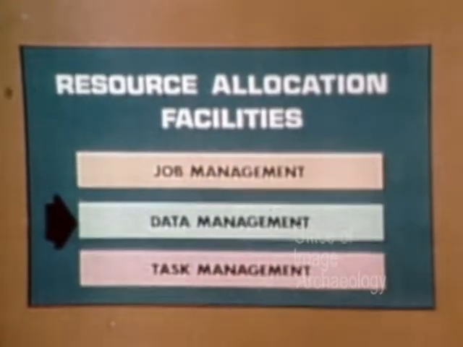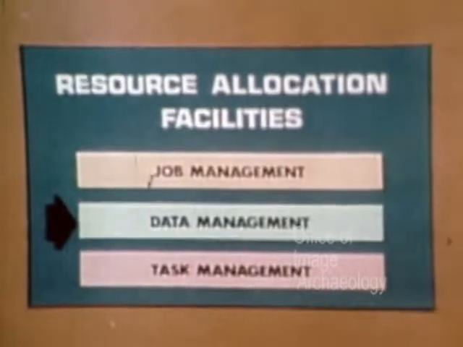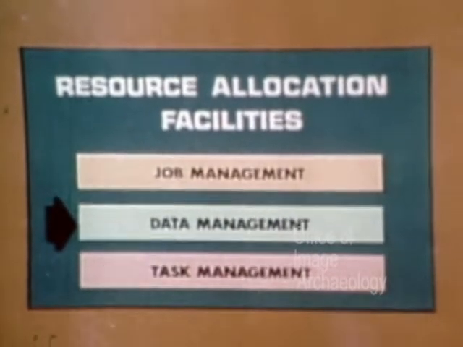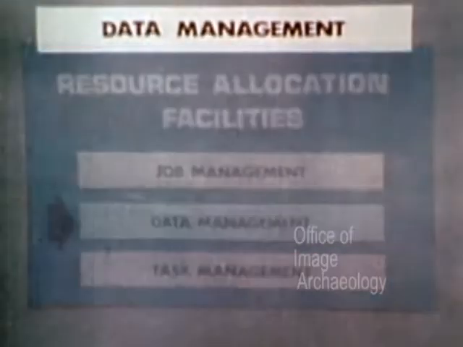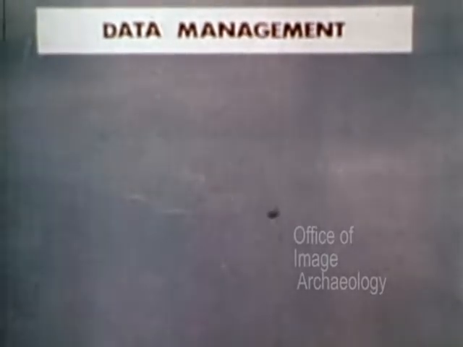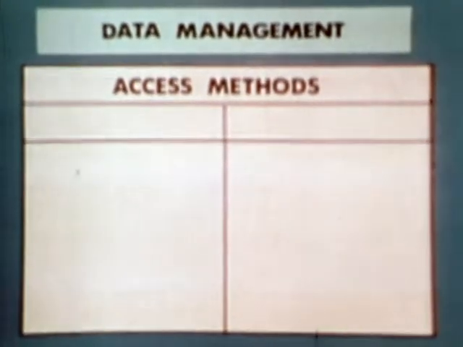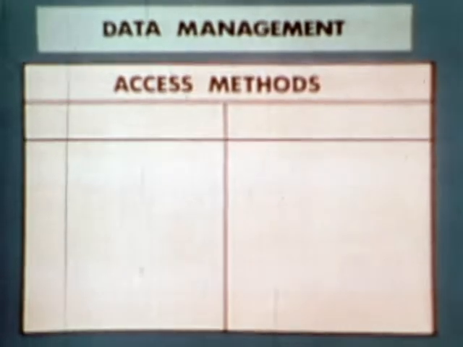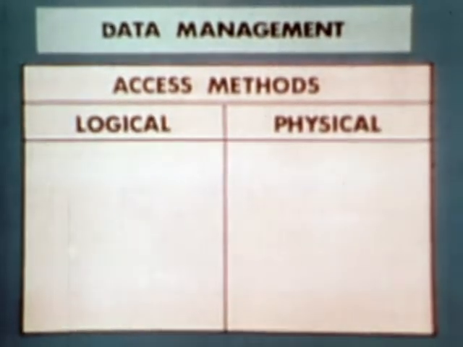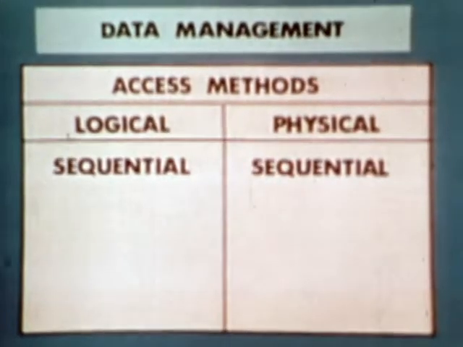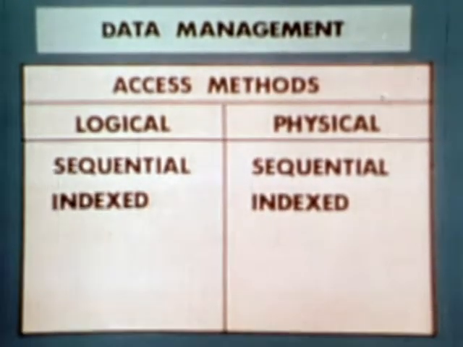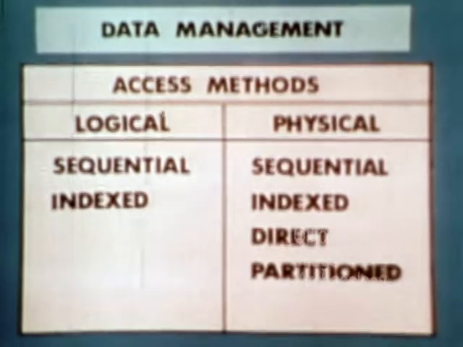Effective data management provides another example of how an operating system can improve resource allocation. Data management typically includes facilities often called access methods for retrieving or storing logical or physical blocks of data from several possible data organizations, such as sequential, indexed, direct, or partitioned.